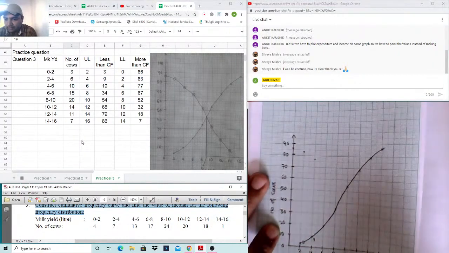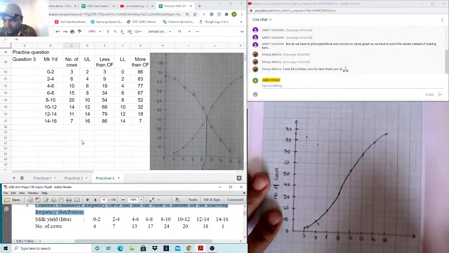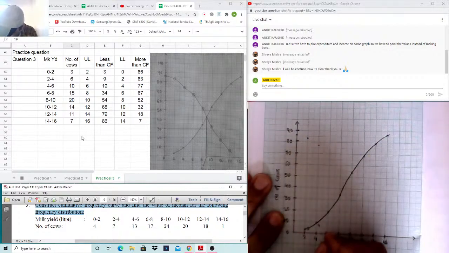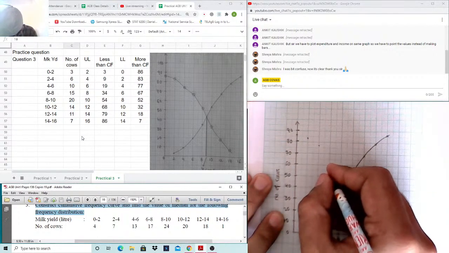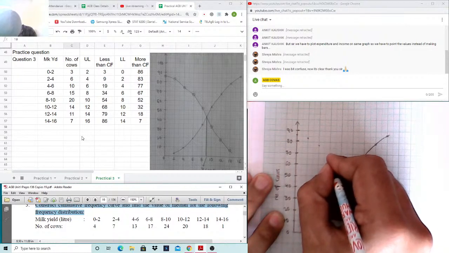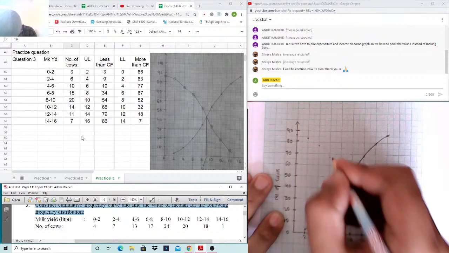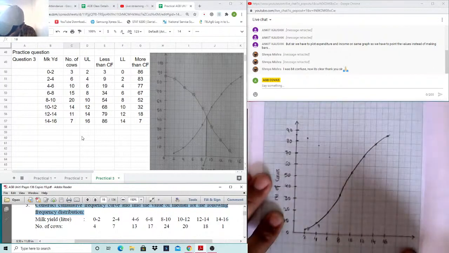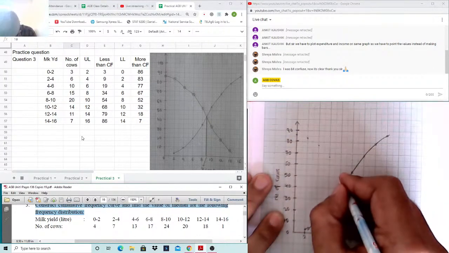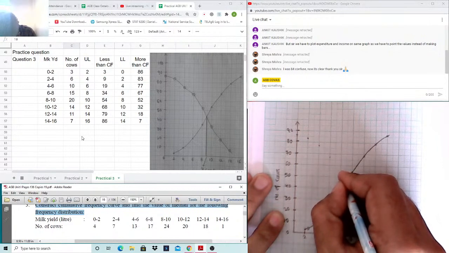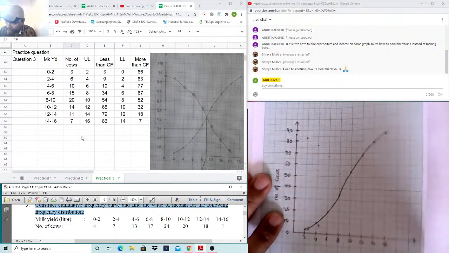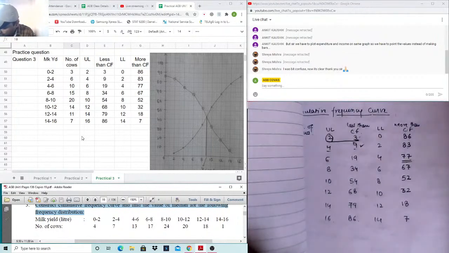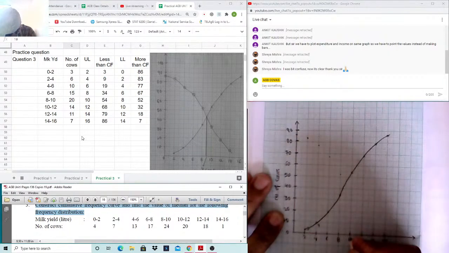Then at 6 it is 67. Then at 8 it is 52. And at 10 it is 32.